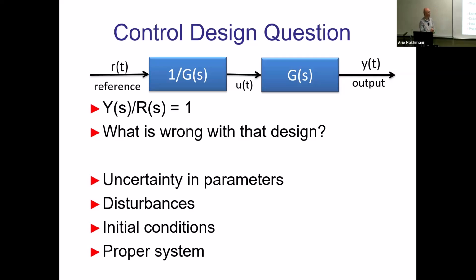But the most interesting problem here is something that people never notice, which is that typically the system is proper. And by proper, I mean the order of the numerator is smaller or equal to the order of the denominator. Okay? Proper systems are physically realizable.